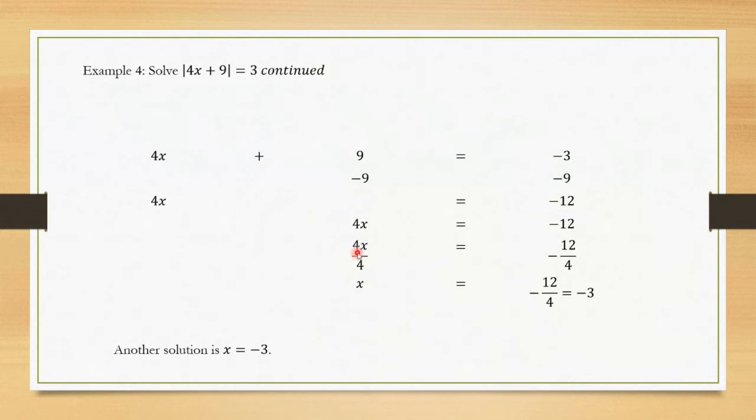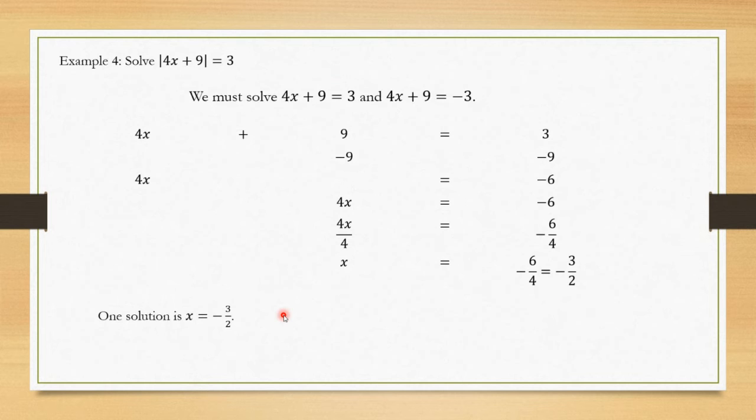Once we do that, we're going to get x on the left. But remember, what you do to one side, you do to the other, so we divide this by 4. And we get -12/4, which is -3. And so altogether, we get x equals -3. So again, there are two solutions here, right?